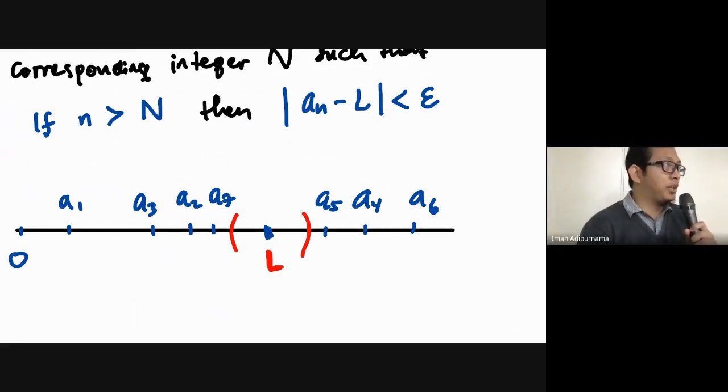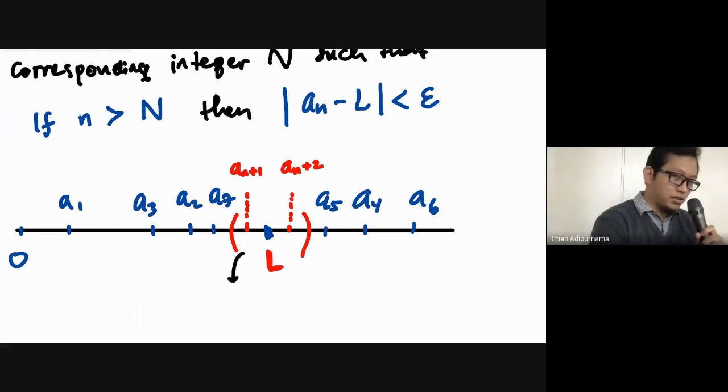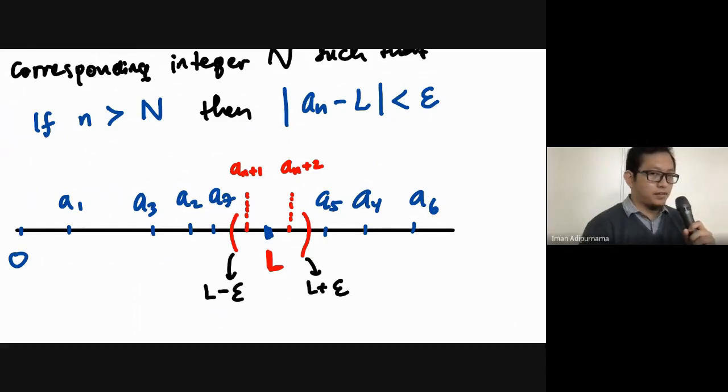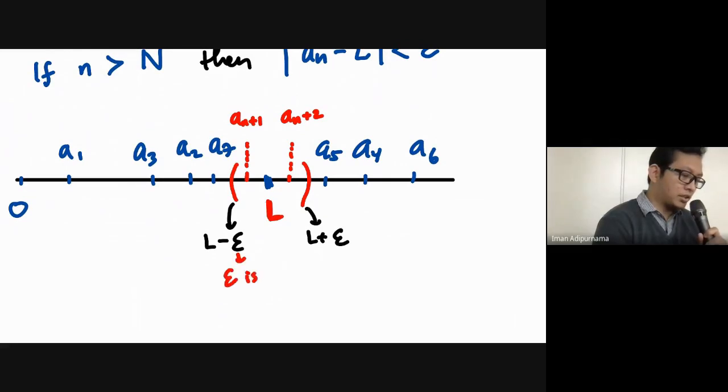This means I want to zoom in on the area near L. Let's say the sequence here is a_(n+1), and this area is a_(n+2). This is L minus epsilon, and this is L plus epsilon. Note that the epsilon is really small.